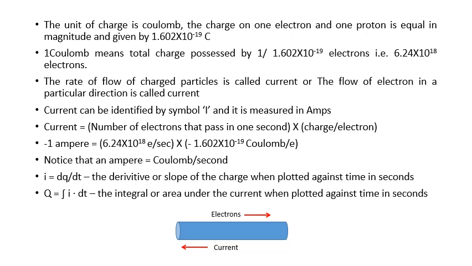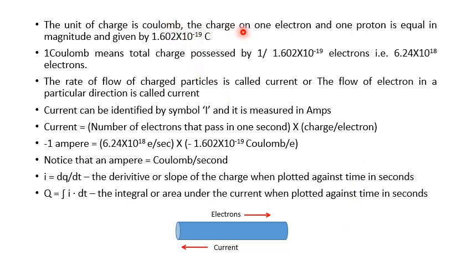If additional electrons are added to the atom, it is called an anion. So entirely we can define charge as the deficiency or addition of electrons to an atom. The unit of charge is the coulomb.